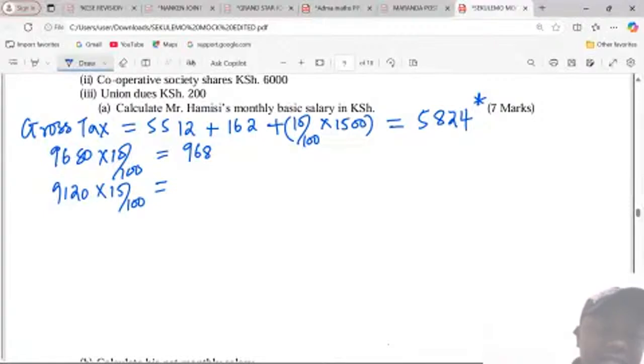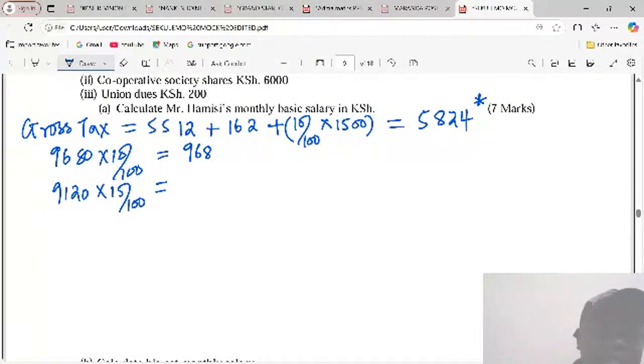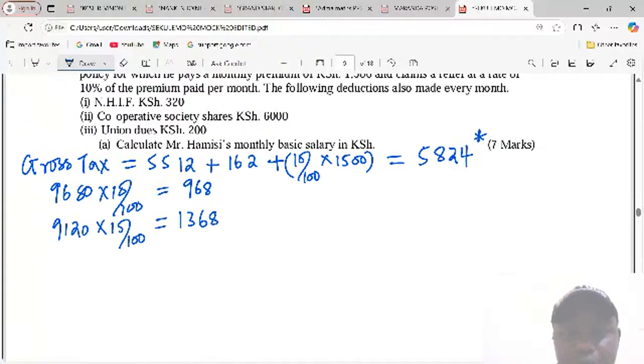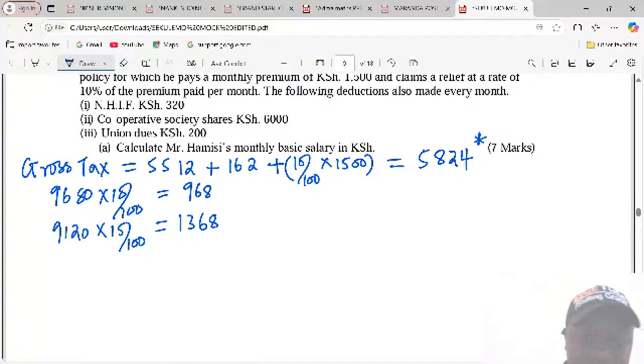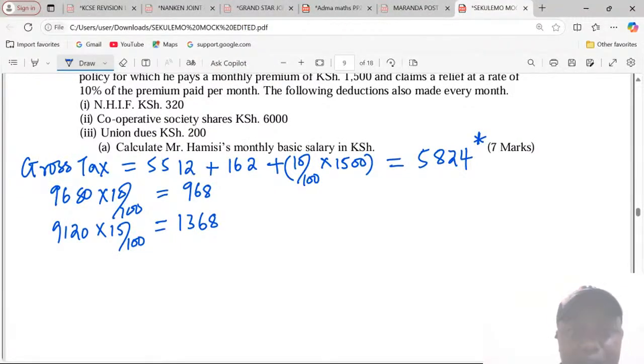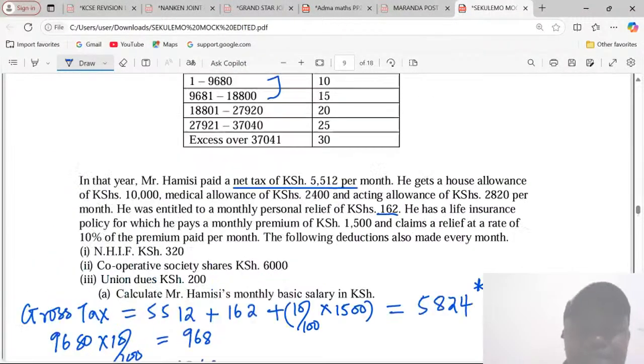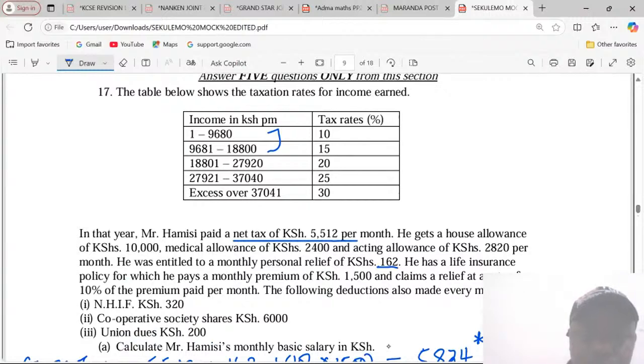So this is giving us 1,368. What about when we add the two? We are still not at the tax given there. So we proceed to the third bracket.